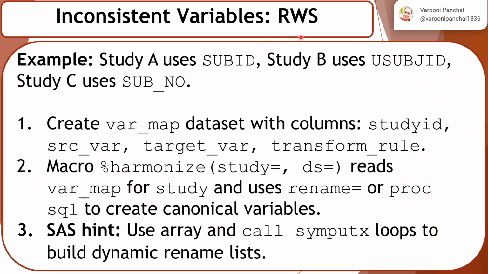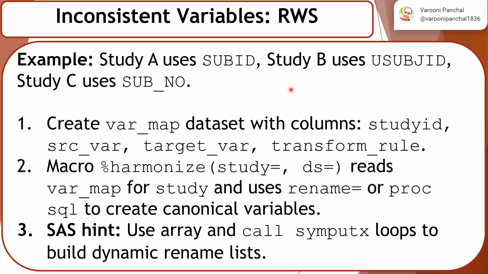Inconsistent variables, real world scenario. Say, for example, study A uses SUBJID, study B uses unique subject ID, whereas study C uses sub underscore ID number. Now this is just a small example related to one specific variable.